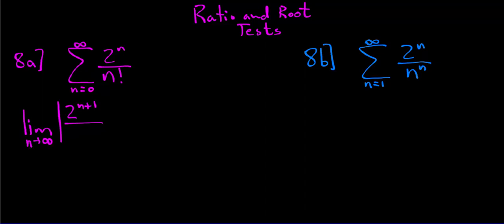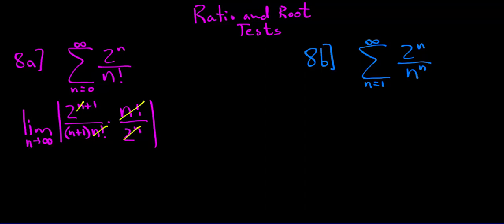Instead of writing n plus 1 factorial, let me write n plus 1 times n factorial. So I just did a shortcut there. And then up here, it's n factorial over 2 to the n. Now, notice that these cancel, and this little n's gone.